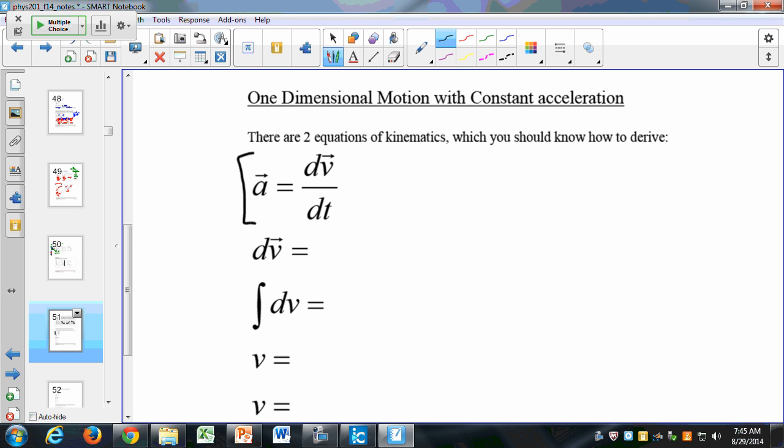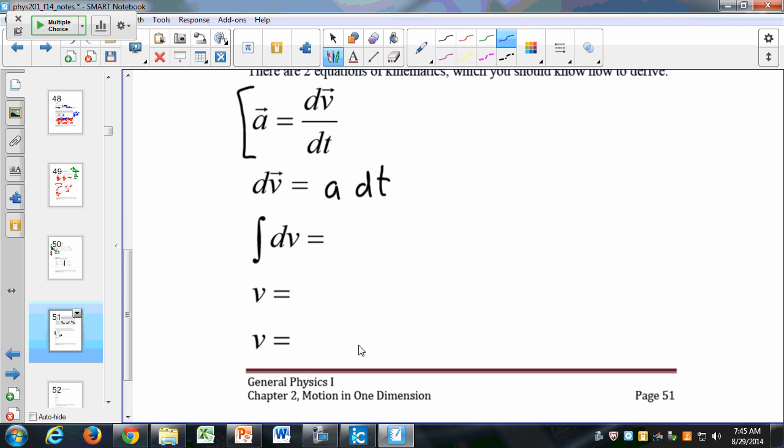And so with that, we can say then that dv is equal to a dt. Just rearranging that. And then integrating both sides, we find that the integral of dv is the integral of a dt. The integral of dv is just v.